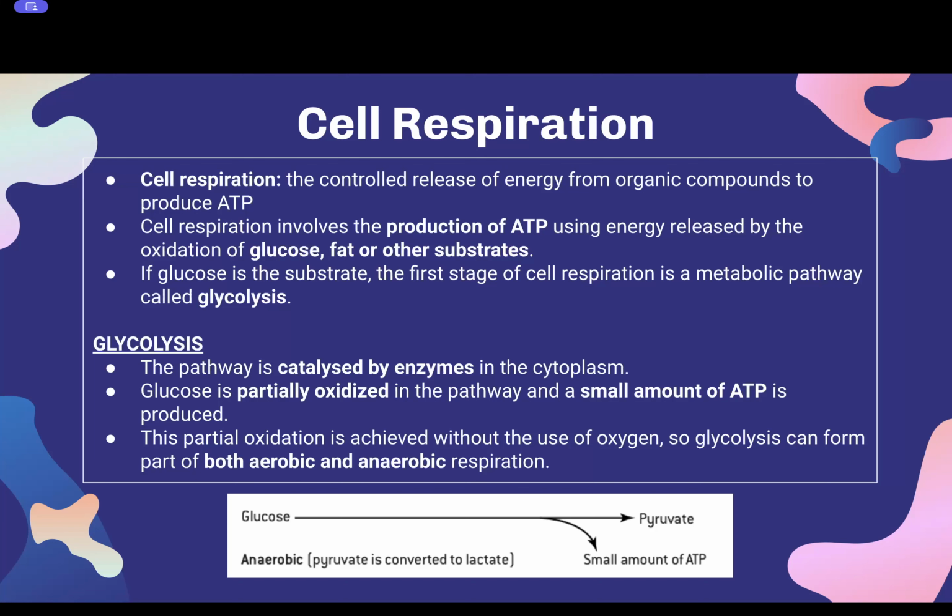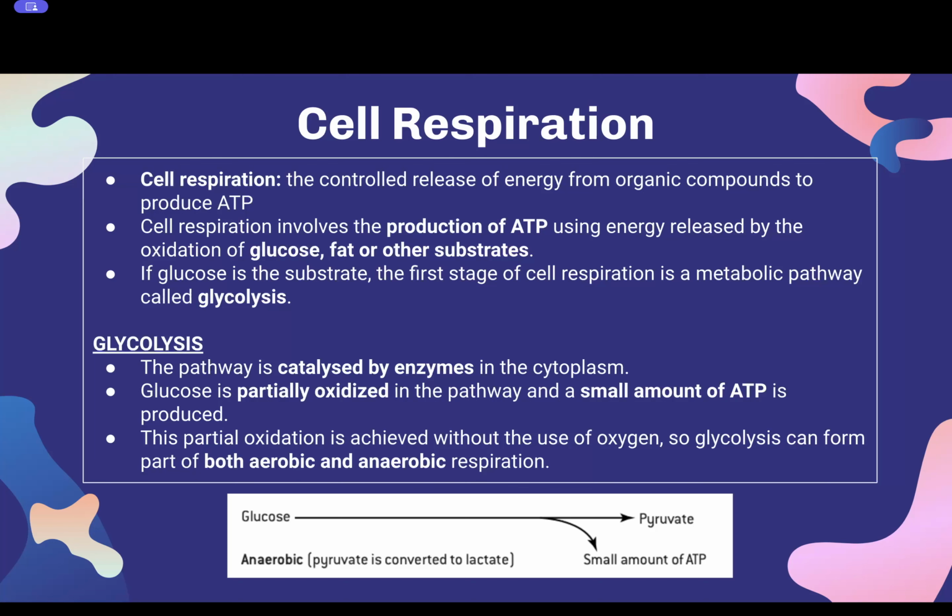Oftentimes, these organic compounds are carbohydrates, such as glucose, but they can also be fat, or there can be other substrates. But in our case, we only learn about cell respiration using oxidation of glucose. So cell respiration is basically the production of ATP using energy which is released by the oxidation of glucose.